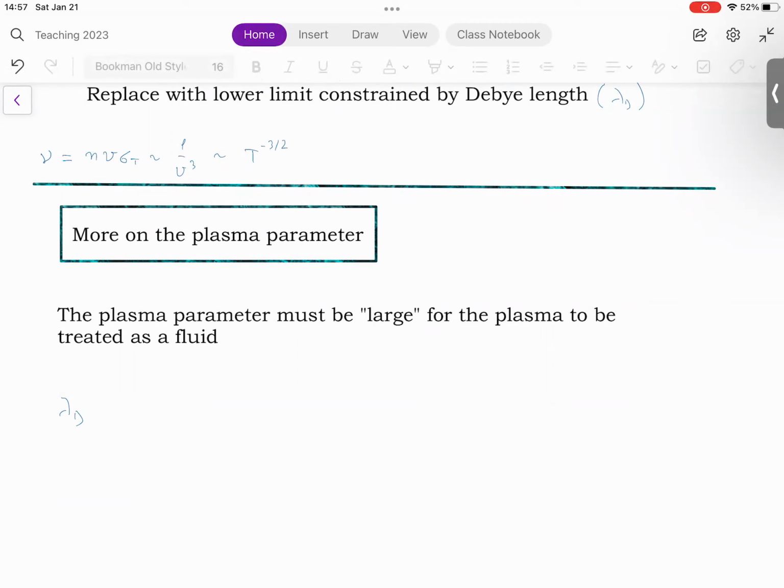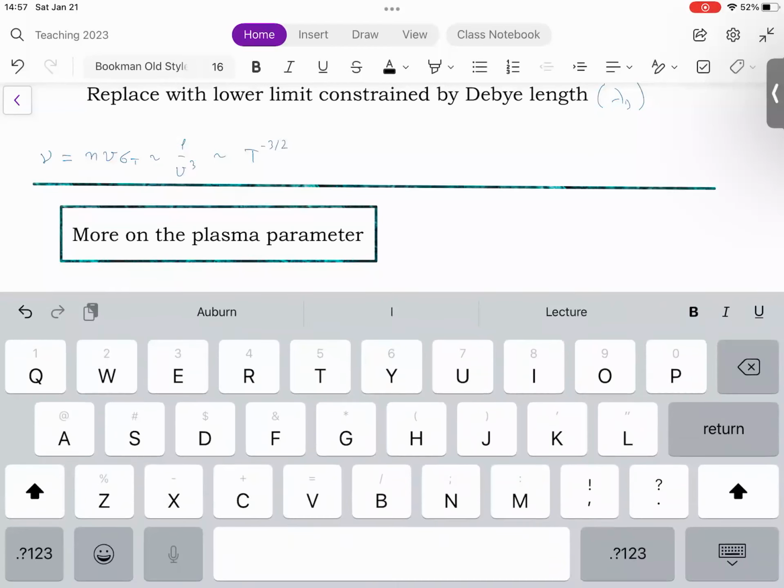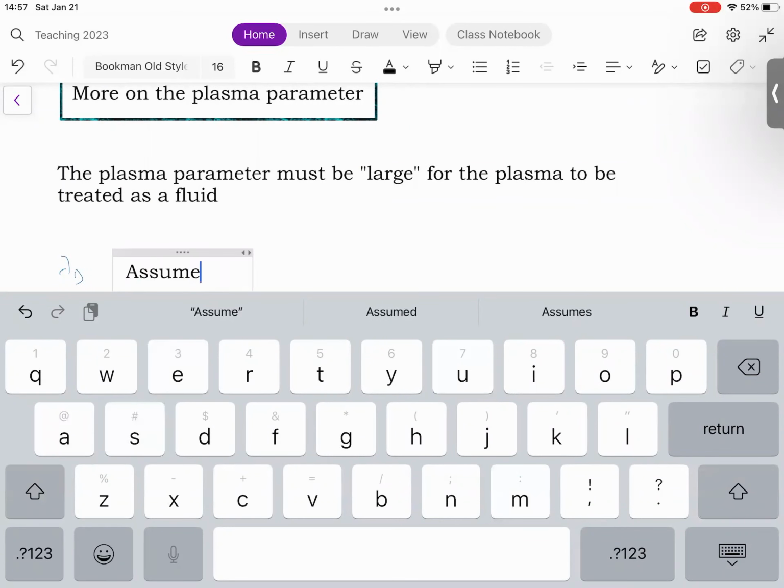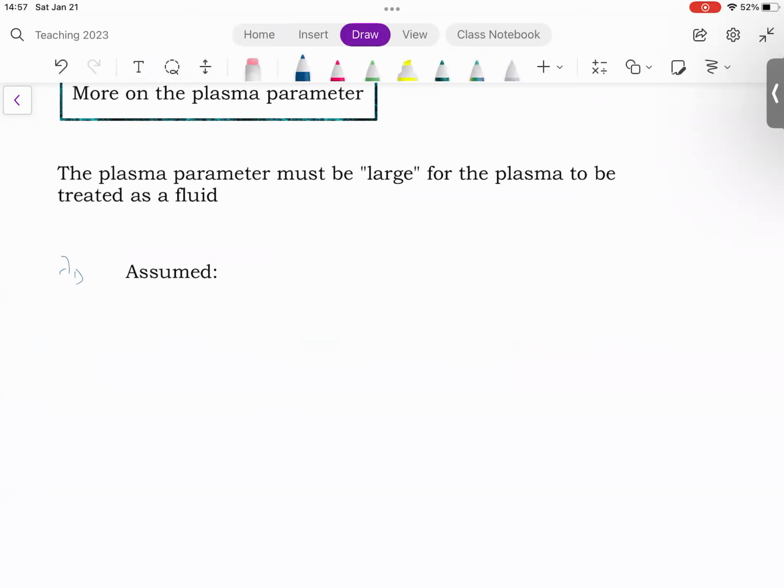If you remember, we assumed something rather specific, that this ratio e phi over T was small.